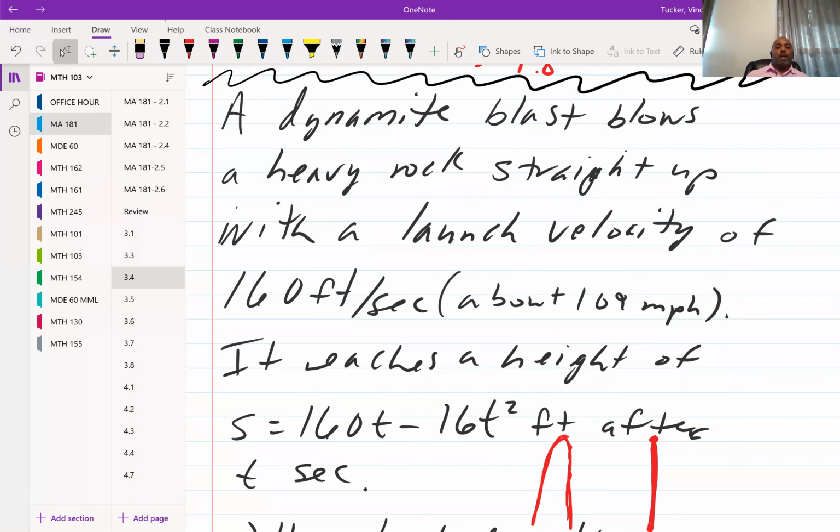So a dynamite blast blows a heavy rock straight up with a launch velocity of 160 feet per second. So it's about 109 miles per hour. It reaches a height of 160t minus 16t squared feet after t seconds. So that's the equation that we will be using.